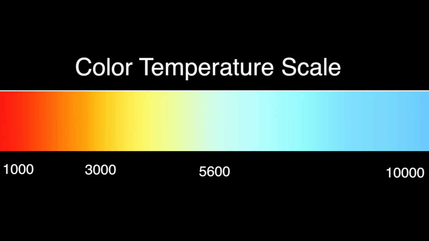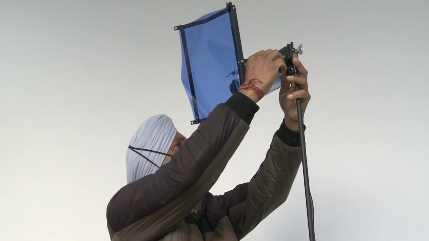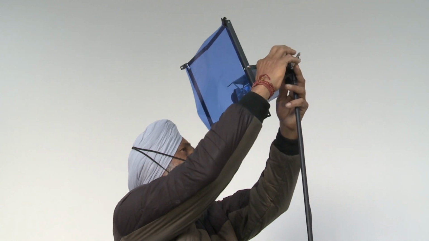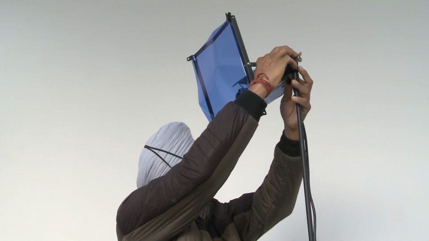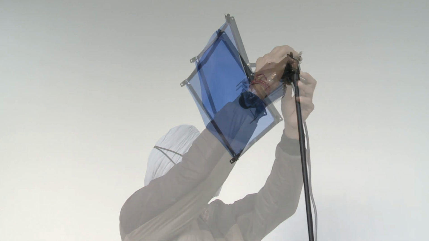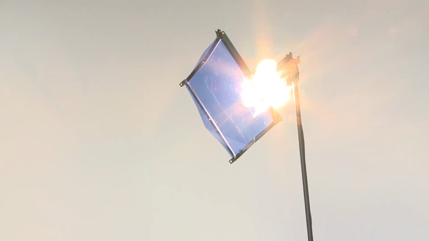This is obvious due to the difference of color temperature of both. Blue color gelatin is added to the artificial light, which enables us to get proper color balancing of the scene.